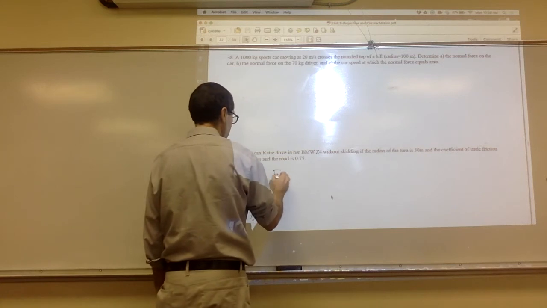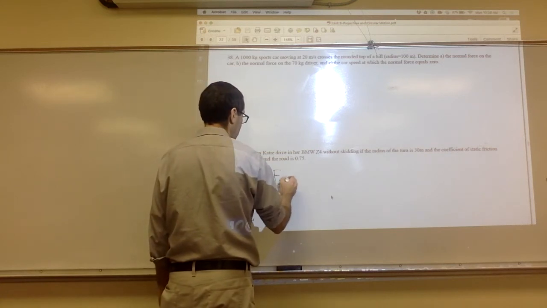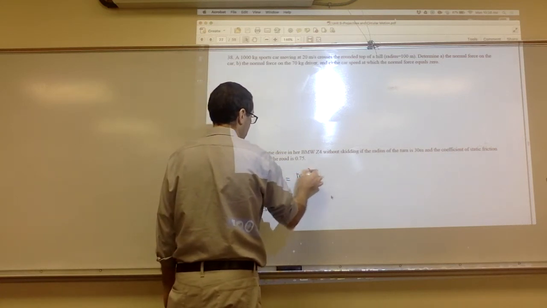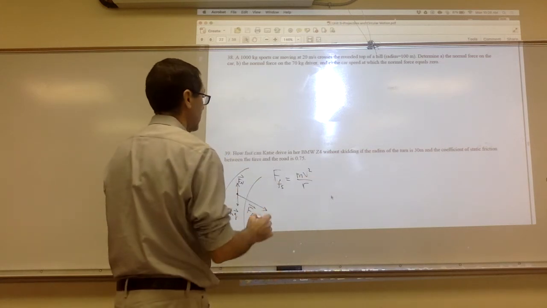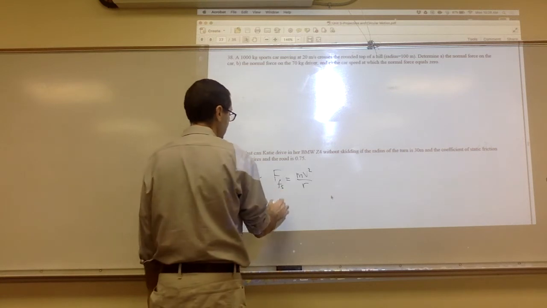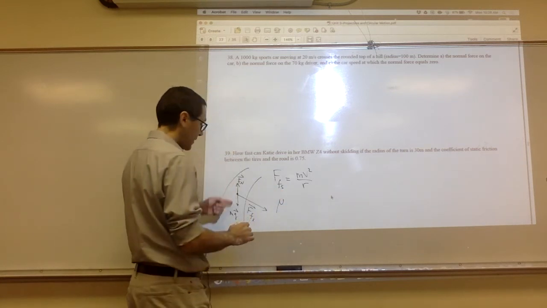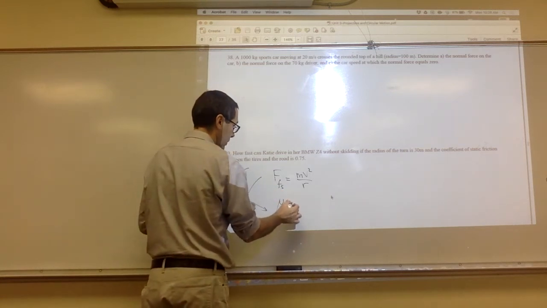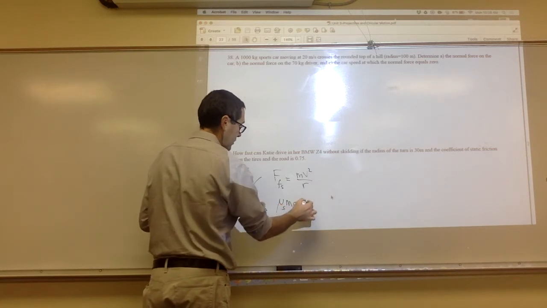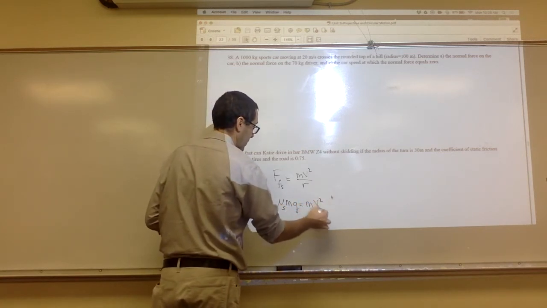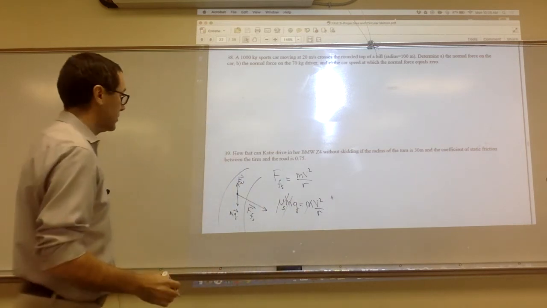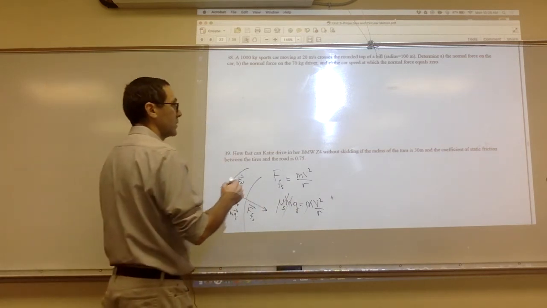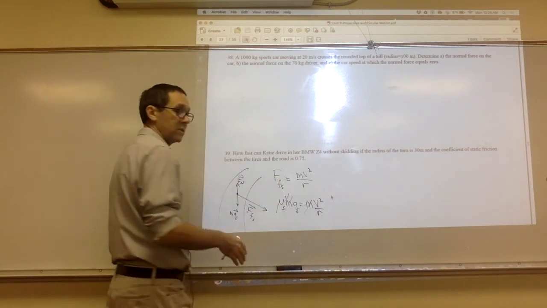So I think I can say the F static equals mv squared over r. Ff static is mu Fn, and Fn is the same as mg. So this is mu static mg equals mv squared over r. And whenever you are not given the mass, it has to cross out somewhere, which means the mass of the car here doesn't matter.